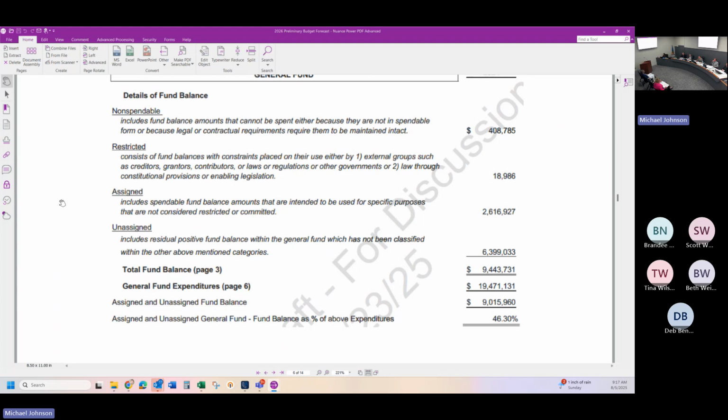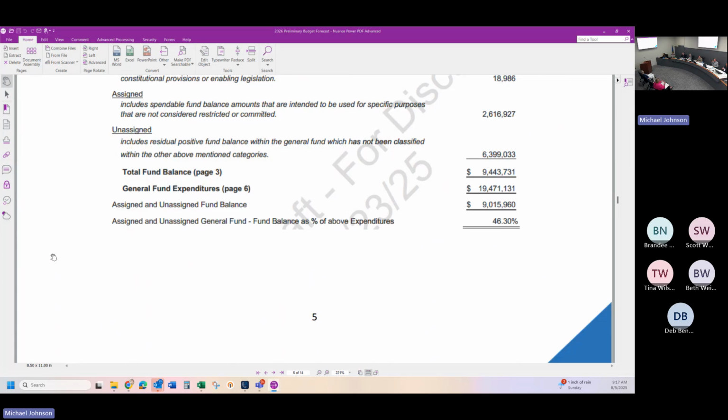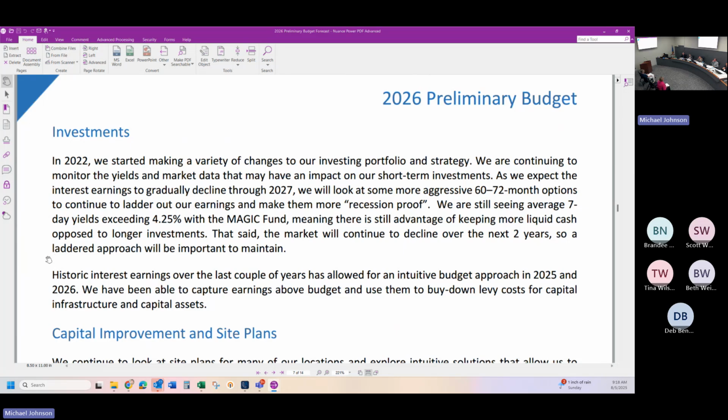Our external auditors, Baker Tilly, were able to at least monitor this up and provide that draft for fund balance. You can see some incremental growth from 2023 to 2024. And again, we'll talk about the relationship and why I think it's a little higher than that.